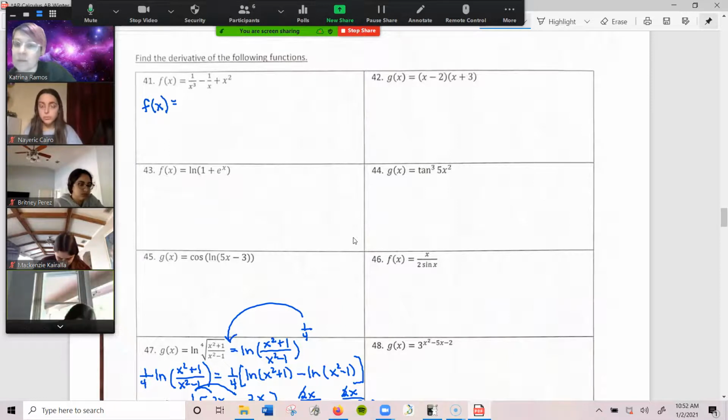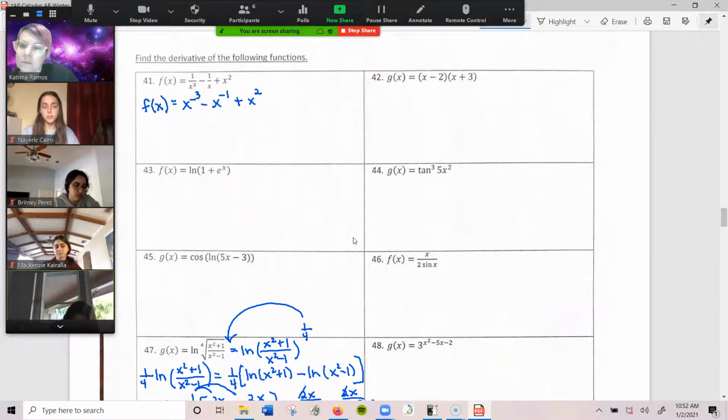I'm not finding the derivative yet. The 1 stays in the numerator, obviously, and we're bringing up that x to the third. So this would be x to the negative 3 minus x to the negative 1 plus x squared. Does that make sense so far?